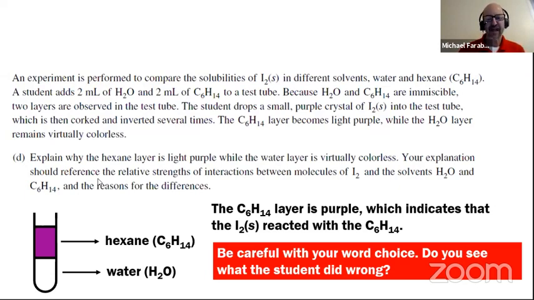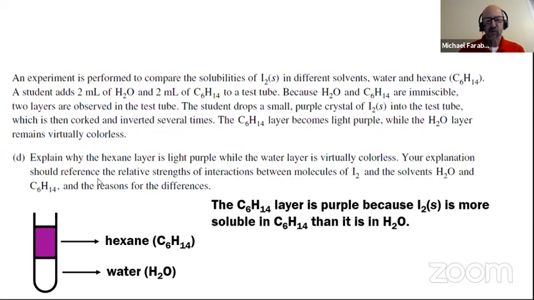If you say reacted, that sounds like there's a chemical reaction taking place. We're just talking about solubility. We're just talking about solutions. So if you say reacted with, that might cost you a point. The reason why the hexane layer is purple is because the iodine is more soluble in the hexane than the water. And yes, we should know, based on polarity, that hexane is nonpolar.